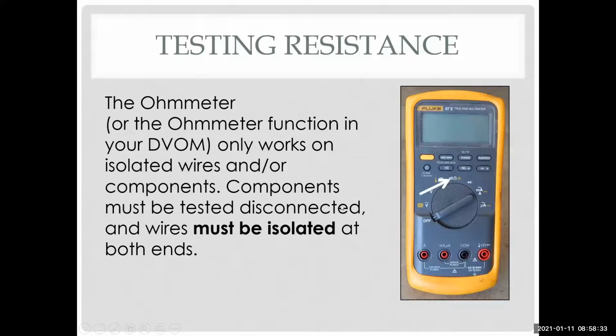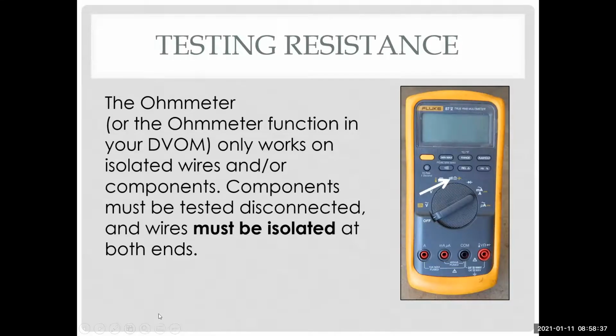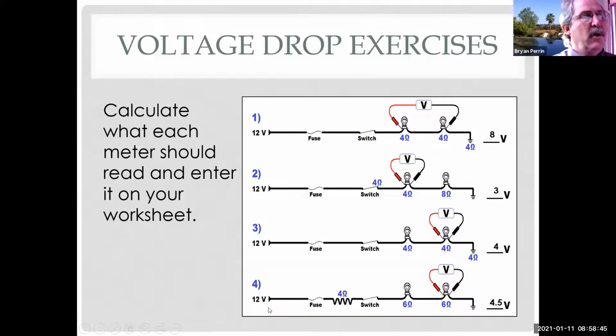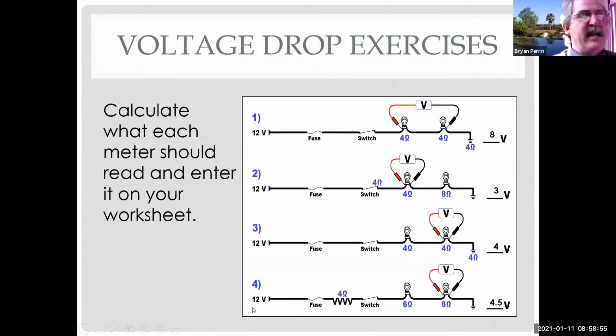So Brian, question. Can you explain the number 4 again? I don't get where you come out with the 4.5. Okay. So I have 12 volts, and what's my total resistance in the circuit? 16. So 12 divided by 16.